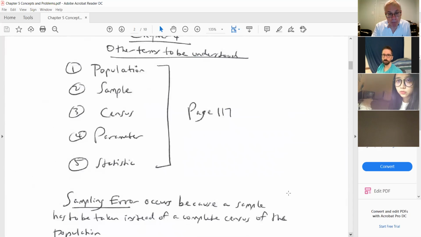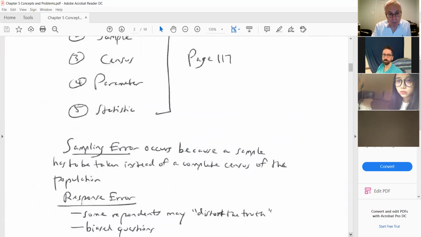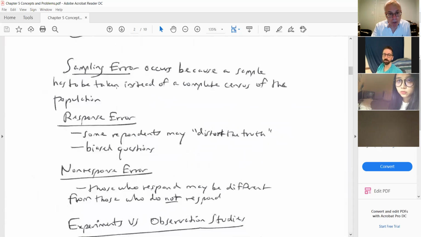Right? And then, of course, in chapter 4, there's some definitions that you need to know. And you need to know these types of errors that can occur. Sampling error just means that anytime you have a sample, the results are going to be different than the population. And then there's going to be differences from sample to sample too.